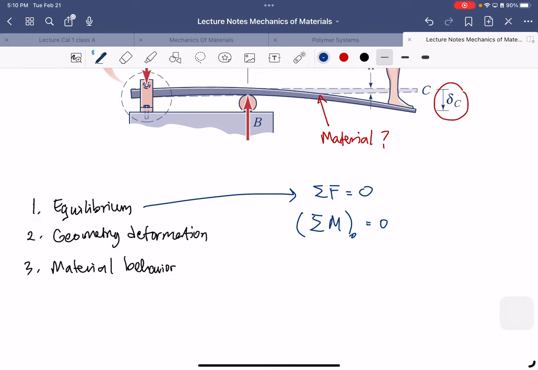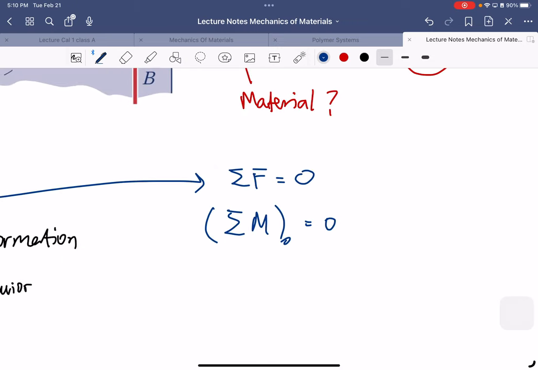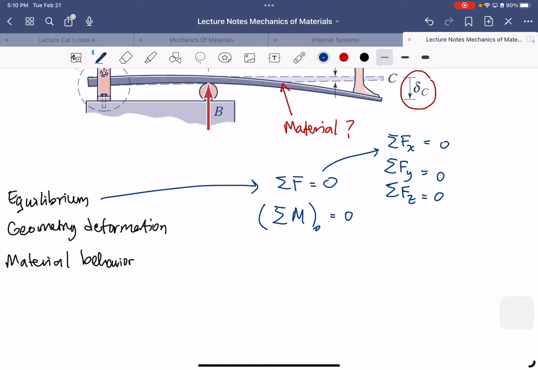So this means the body is in equilibrium. And we can also think in Cartesian terms. For example, in the x-axis and the y-axis it's also 0, or if you want three dimensions, we can also say in z. But for the early part, we can just have 2 dimensions.